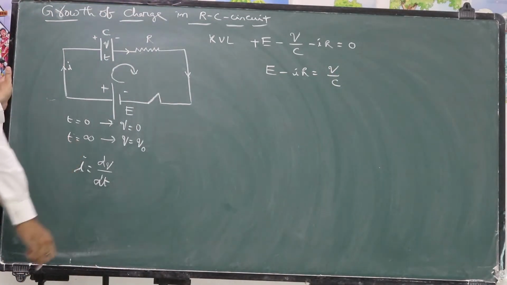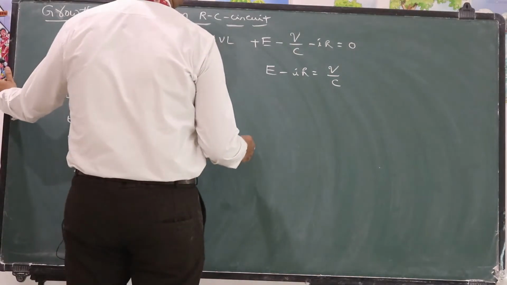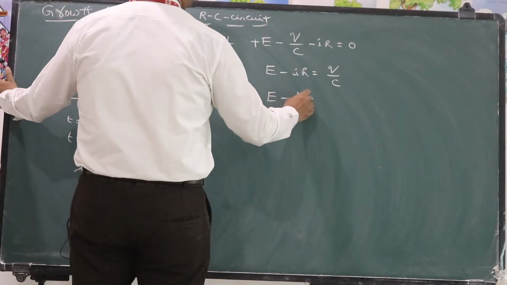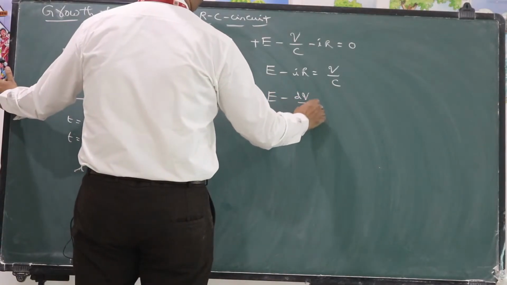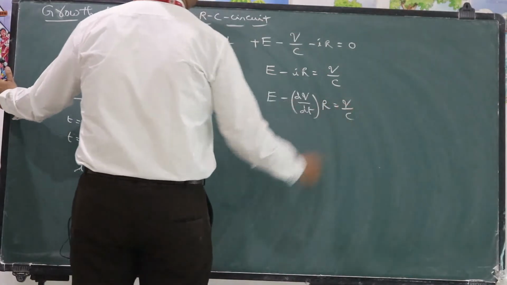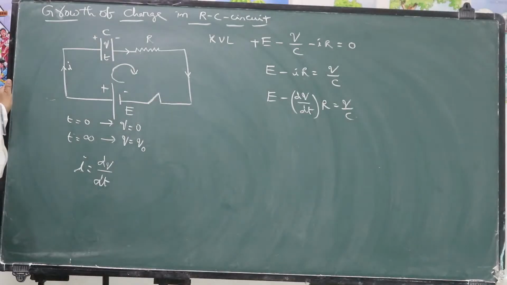But we know that I is equal to dq by dt. So E minus dq by dt into R is equal to q by C. I need to simplify this. How to simplify this?